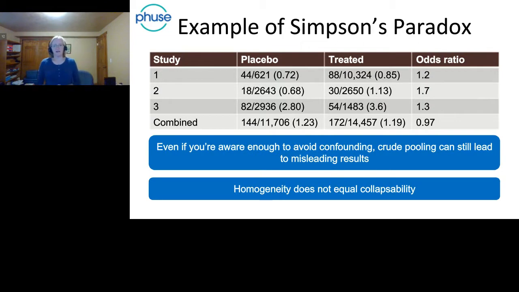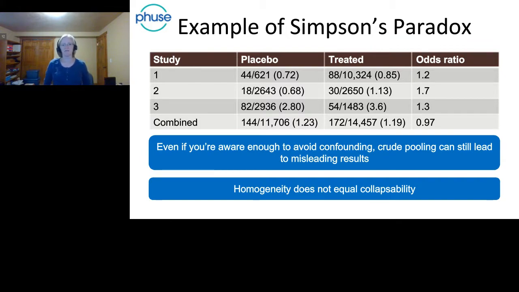Another concept to be familiar with for integrated analysis planning is Simpson's paradox. Even if you are smart enough to avoid confounding, if you simply crudely pool the data, you can still be misled. So understanding Simpson's paradox is also key.